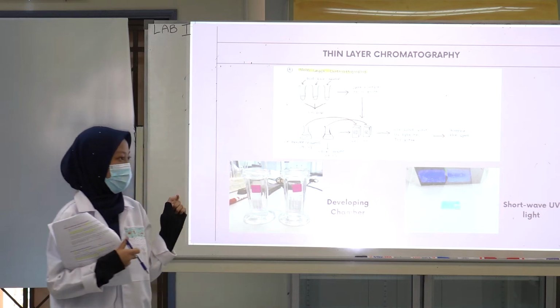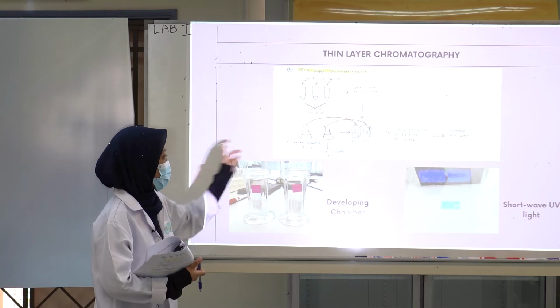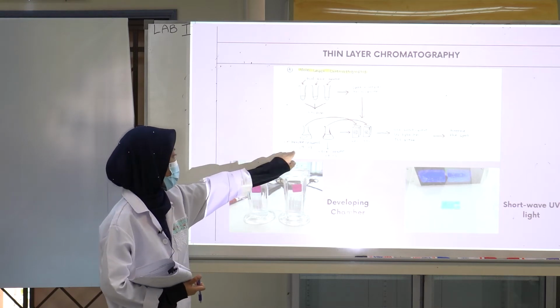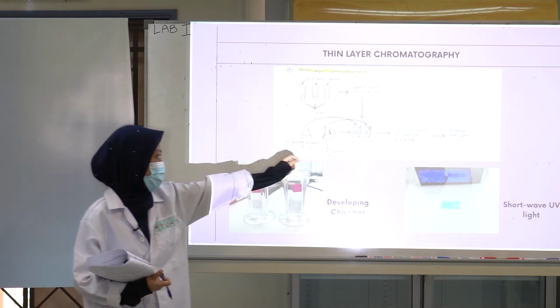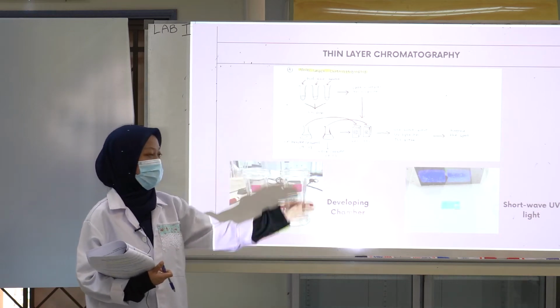And then after we get the result, the first chamber, which is hexane plus ethanol, is faster than DCM plus hexane.